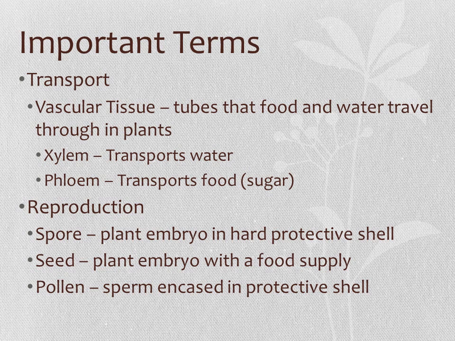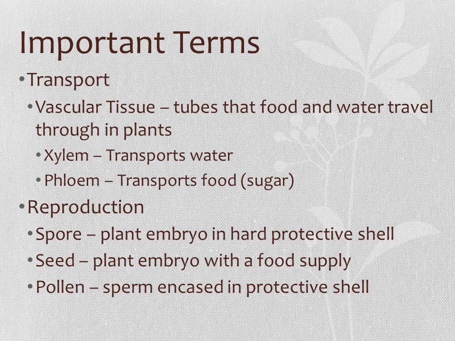And so the main way that things move through a plant is through vascular tissue. And that's in the case of most plants. Some plants don't have vascular tissue. You'll see that tomorrow. But most plants have vascular tissue, and those are tubes that food and water travel through in plants.